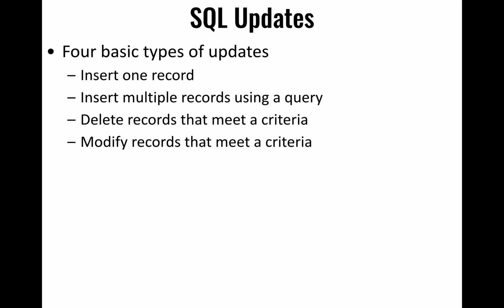We can add new data. We can manipulate data that's already there by updating it, or we can remove data. So those are the three update operations, right? And together, the select, the create, the insert, the update, and the delete make up the 4 CRUD operations. That's all we really need to manipulate and manage data.